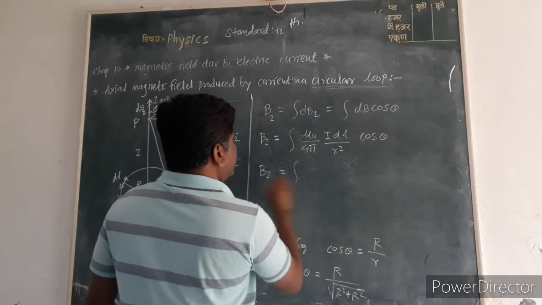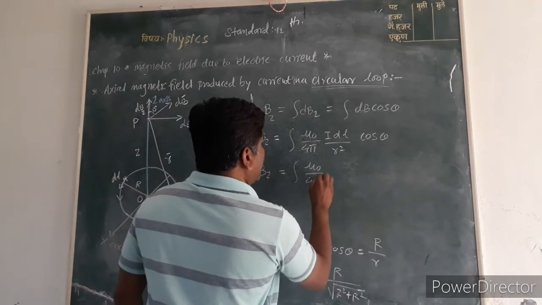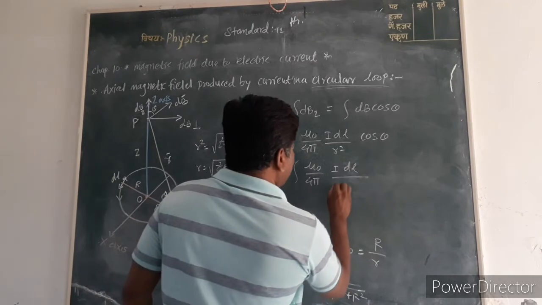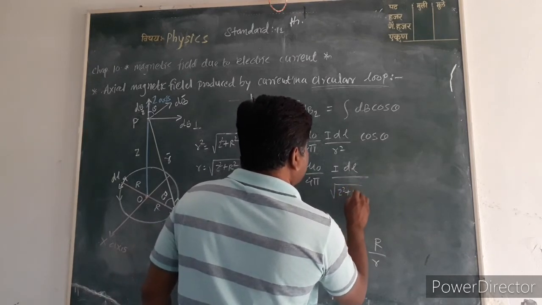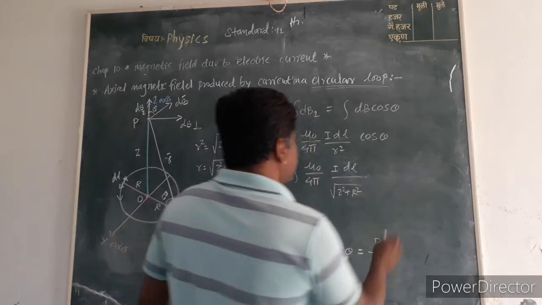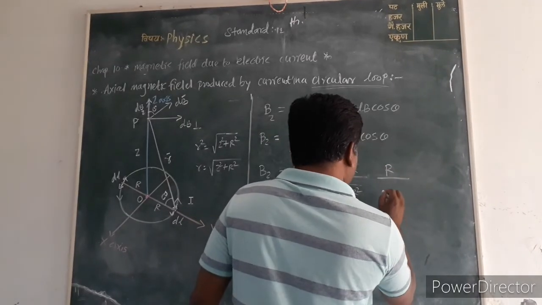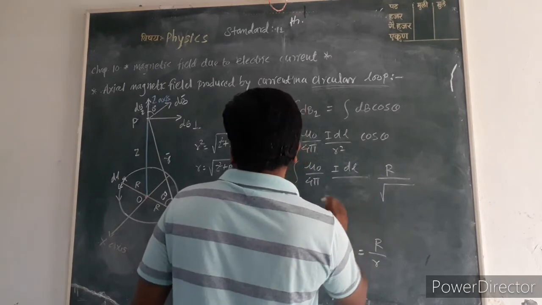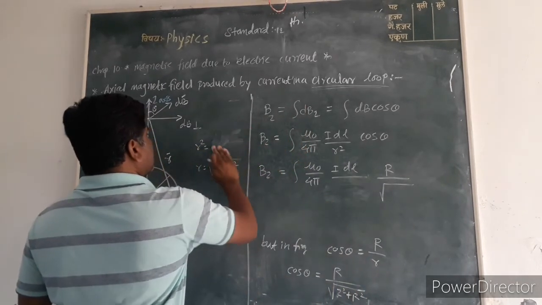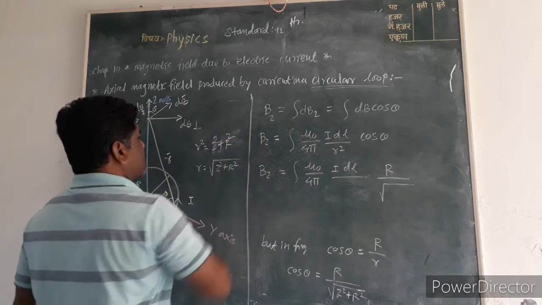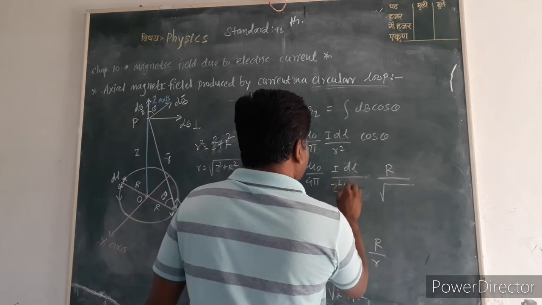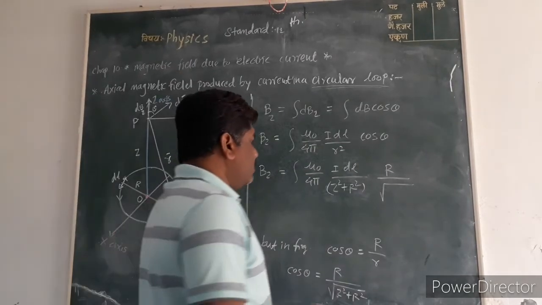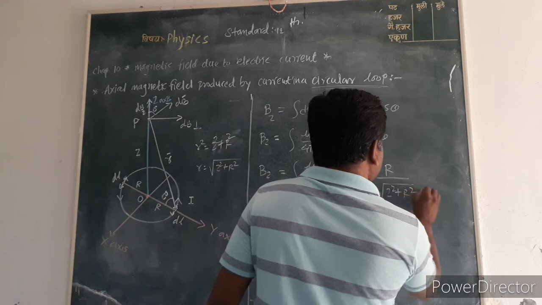Here r squared is z squared plus R squared, and cos theta is R upon under root z squared plus R squared.